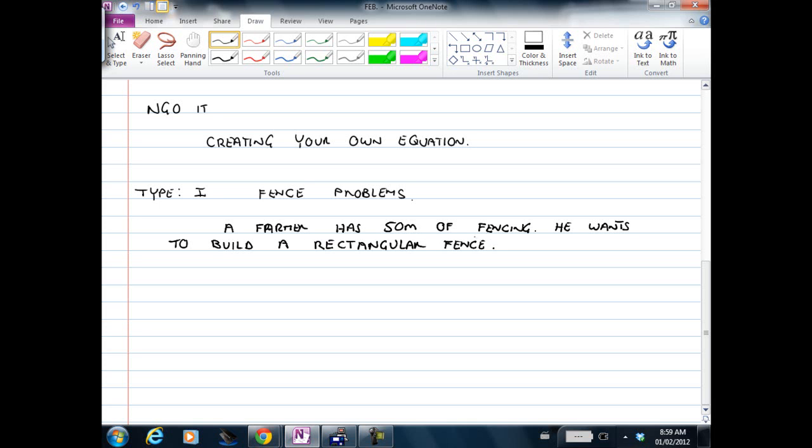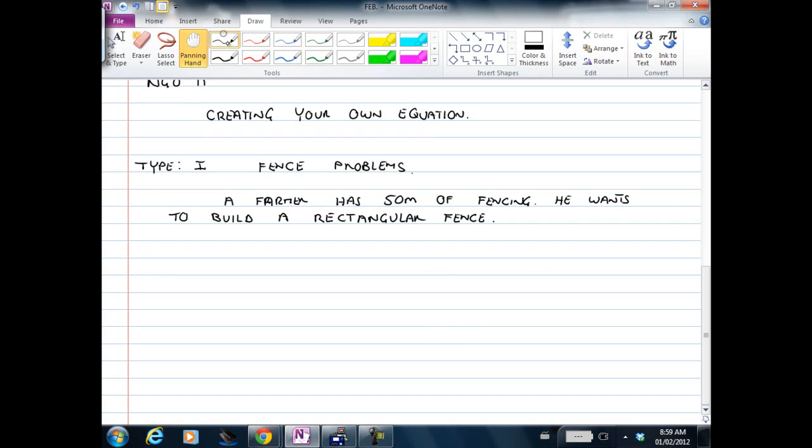He has 50 meters of fencing. You go out and you build a rectangular fence using 50 meters. The question is this: what should the dimensions be to give maximum area?